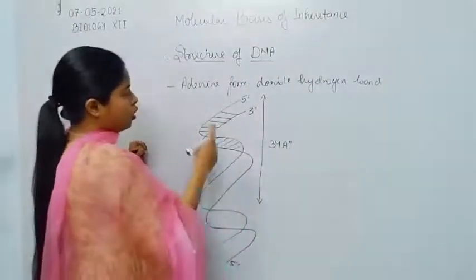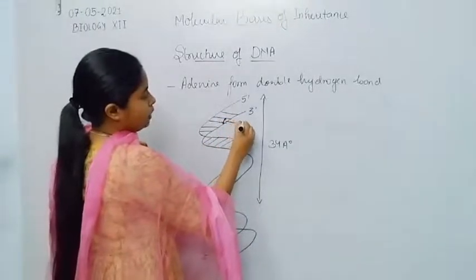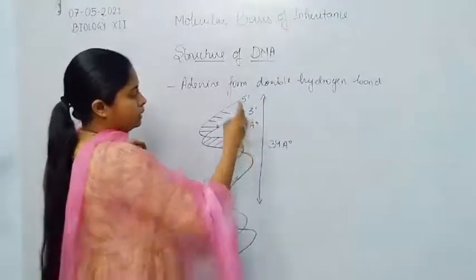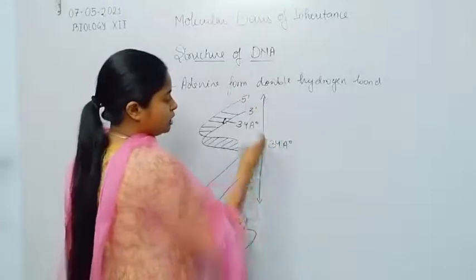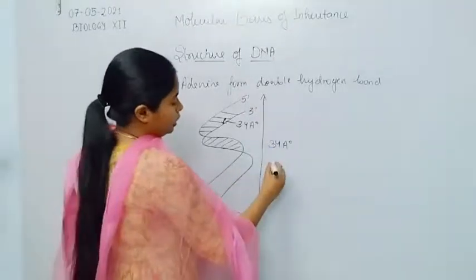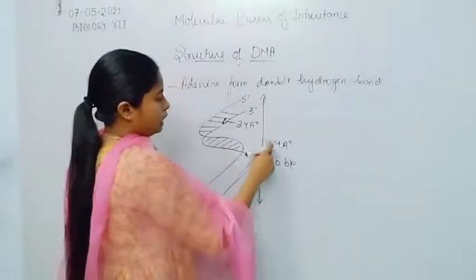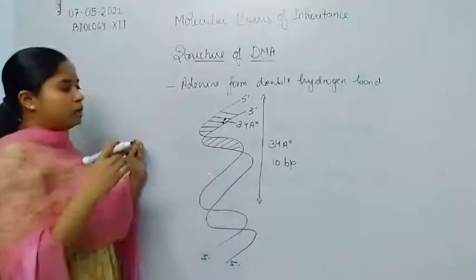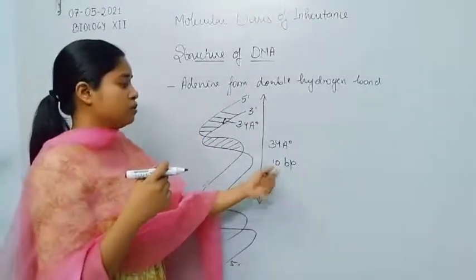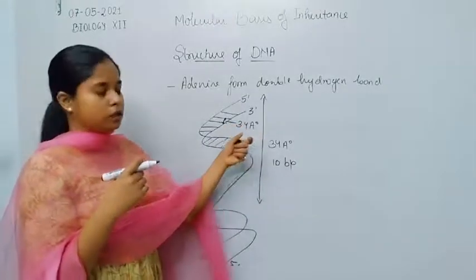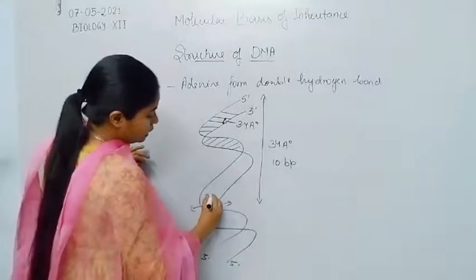The distance between two nitrogenous bases is 3.4 angstrom, and the number of nitrogenous bases present in the length of 34 angstrom is 10 base pairs. That's why the distance between the two nitrogenous bases is 3.4 angstrom, and the width of the DNA molecule is about 20 angstrom.